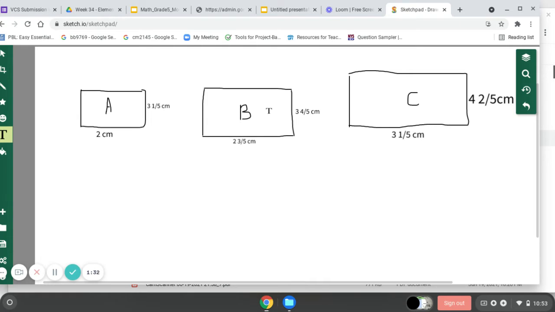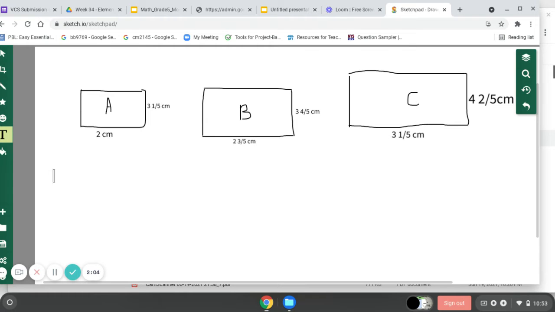Rectangle A, rectangle B with a length of 2 3/5 centimeters and a width of 3 4/5 centimeters, and rectangle C with a length of 3 1/5 centimeters and a width of 4 2/5 centimeters. So what we're going to do now is find the area of each of these rectangles. So I'm going to start with rectangle A.